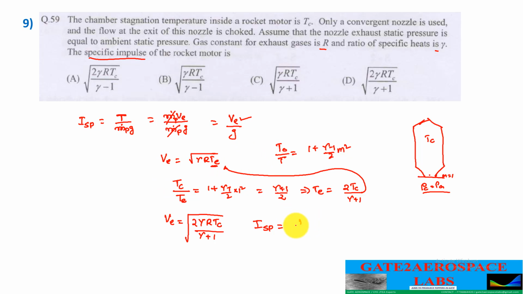So actually it should be 1 by g root under 2 gamma R Tc divided by gamma plus 1. But if you see, this is not there in our options. So I think there was some problem with this question, and the answer sheet is showing D as the answer.